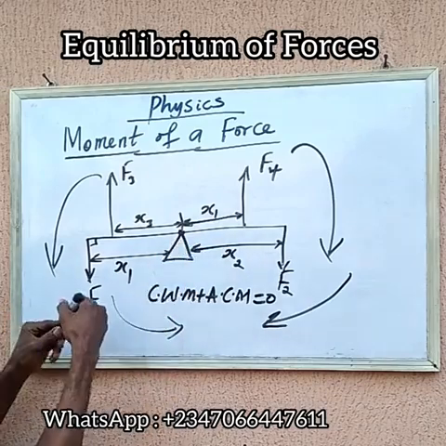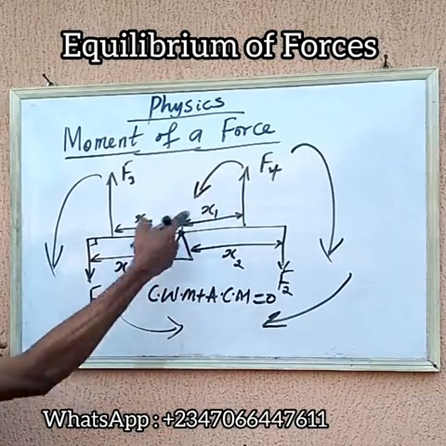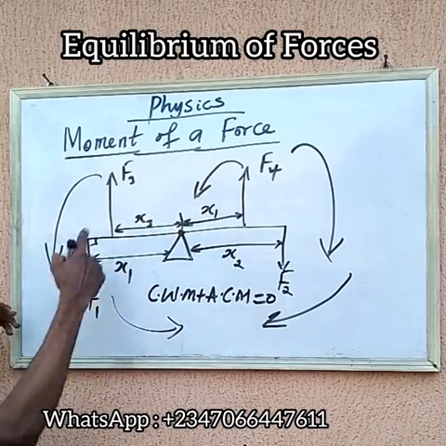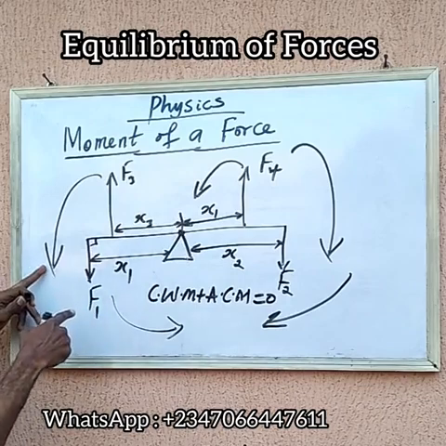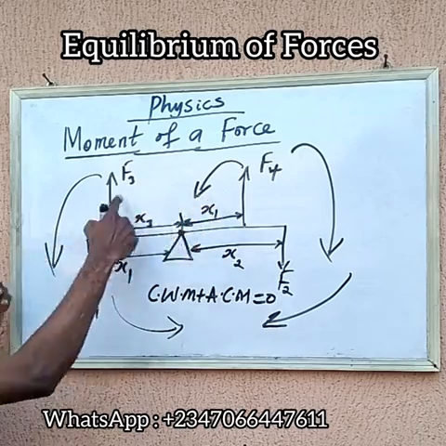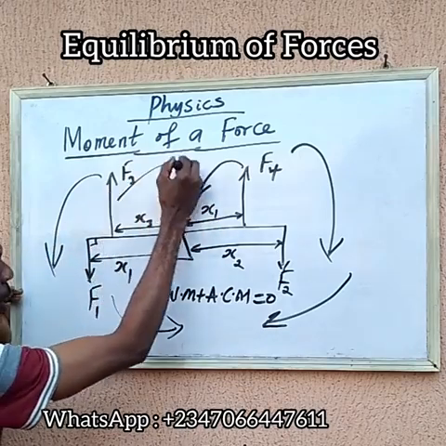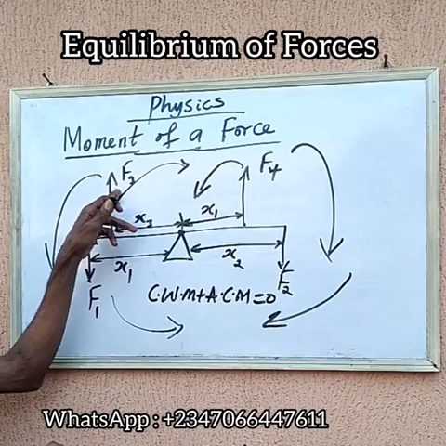This is where we are going. So it means that this F4 is coming this way. It will turn this way. That means it is coming this way. Then F3 is not coming this way, as this arrow is showing here. No, this arrow here does not affect this. This arrow here affects F4. Now look at this F3. F3 is going this way. It's turning this way, which means F3 now, the moment we are going to have here should be what?